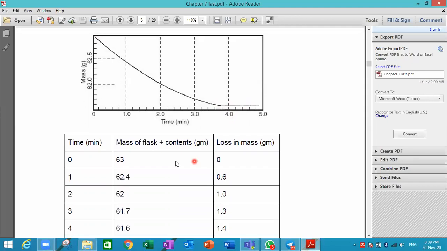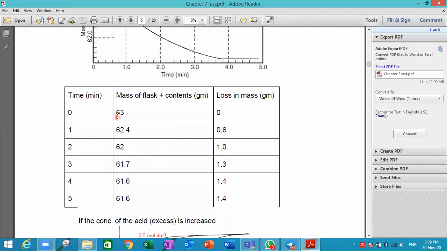For example, at time zero the mass of the flask with the reaction mixture was 63. At the beginning, no carbon dioxide was lost.